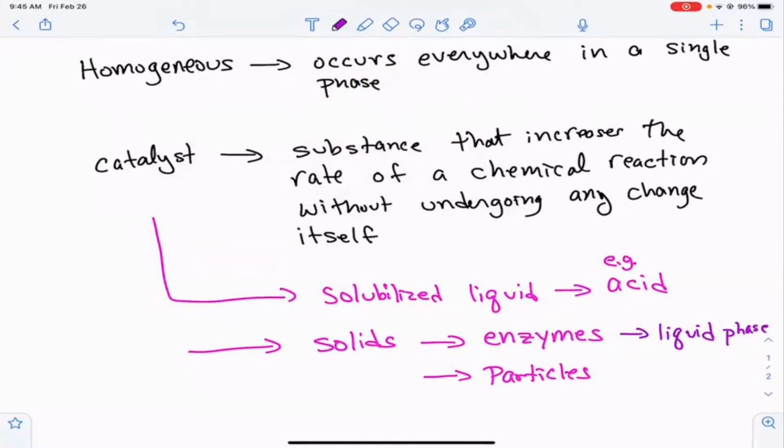And particles act either in liquids or in the solid phase as well, or they are solids. And so they act, maybe that's not the best way to say it, but they are active in the gas phase also.